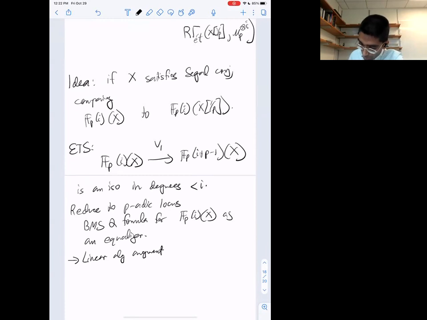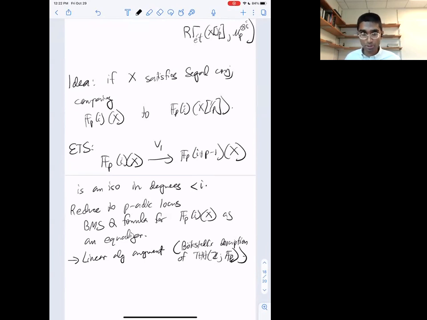An input to make this linear algebra argument work is Bökstedt's description of THH of Z with p-adic coefficients, and in fact the prismatic cohomology of Z with p-adic coefficients. It's a fairly simple linear algebra argument when you use this, and then you also need the Segal conjecture to see that one of the maps is an equivalence in that case. So that's basically the idea.